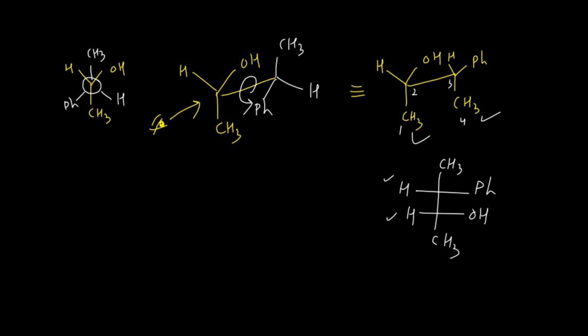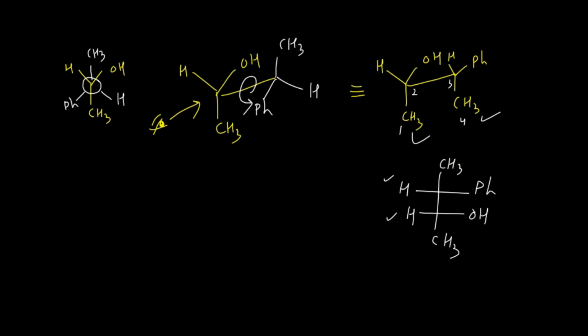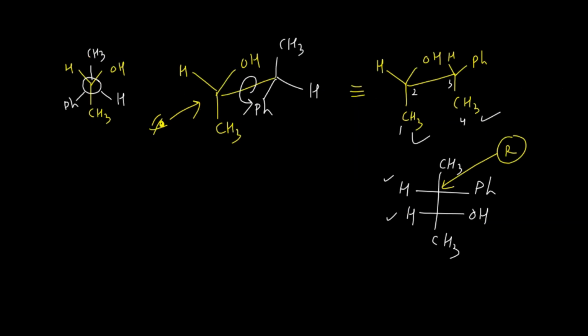If you check the configuration of this one, please remember, this is OH, H and CH3, and if you go back, OH, H, CH3, that means this is your R. So again this is your R configuration, and now you can see here this OH is on the right hand side and H on the left hand side, but in the earlier one the OH was on the left hand side and the H was on the right side, so this was S, but here the positions of these two have changed.